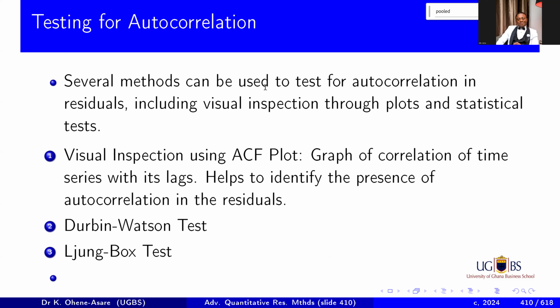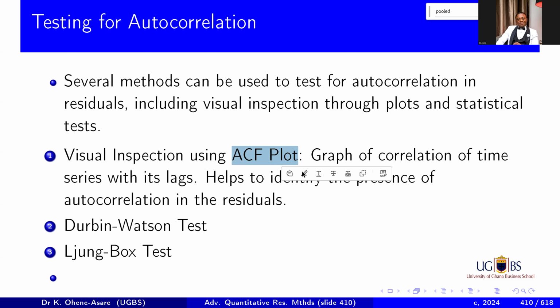One of them is a visual inspection, using the plot. But then, one thing about visual inspection is you use something called the autocorrelation function. Okay. You use that plot, the autocorrelation function plot. We'll look at that very soon.